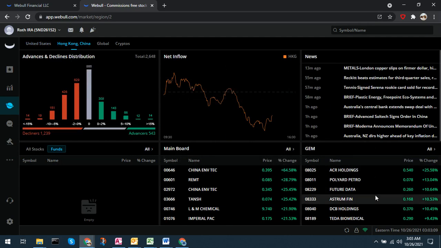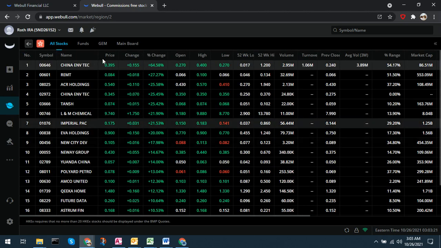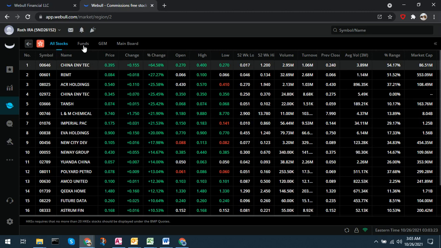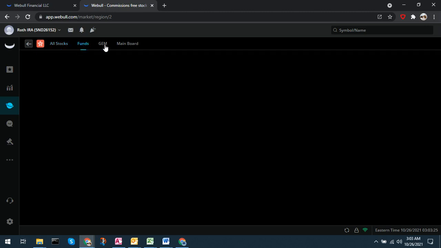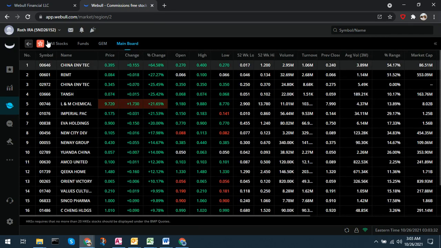We can see news for Hong Kong. We can see gem flow, the main board. We can see all stocks and funds. Again, each of these you can select the all. We can see all stocks, all funds, the gem, the main board for Hong Kong and China.